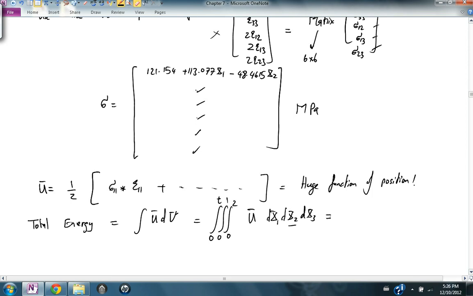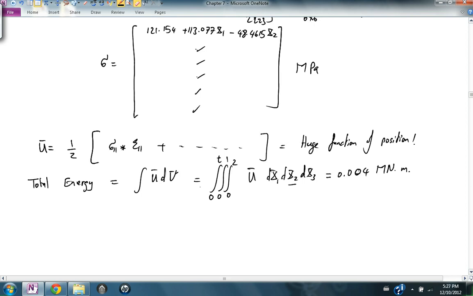And the number here will be equal to 0.04 meganewton meter. And of course, it's no longer per meter cubed because we have integrated along the volume.